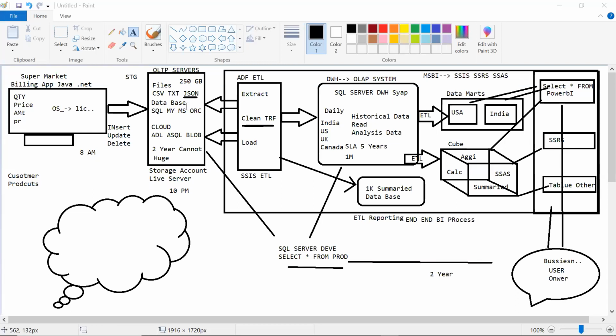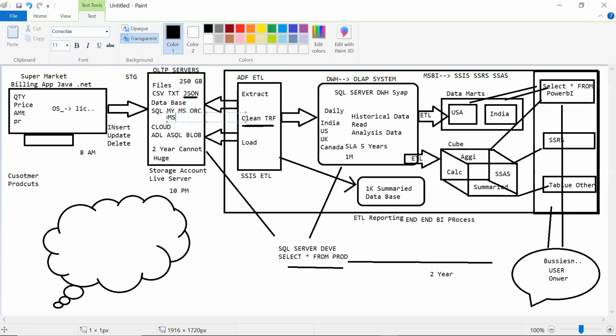So for these many things we have a separate team, separate license. If you go with SQL Server, no, I'm good at SQL Server. If you go with SQL Server also, you require a license. And the license is very costly. Key-wise, you have a license.